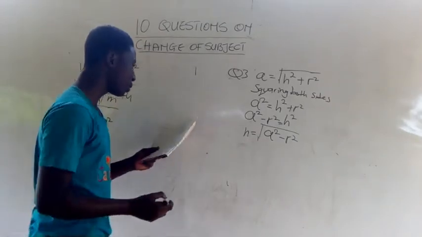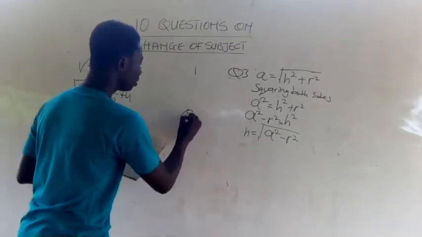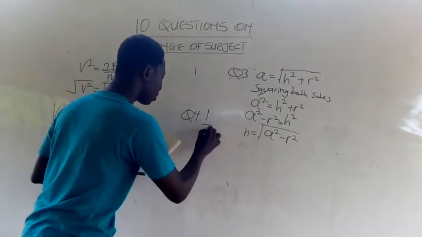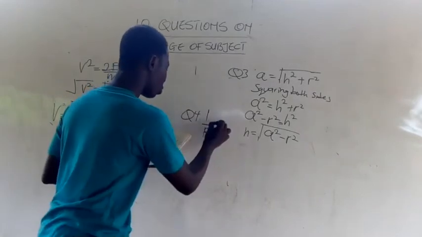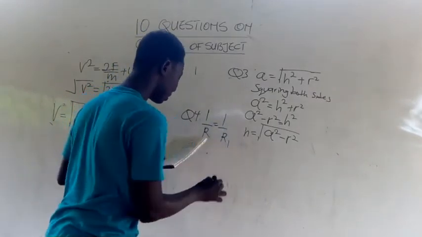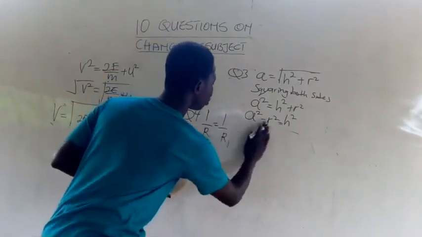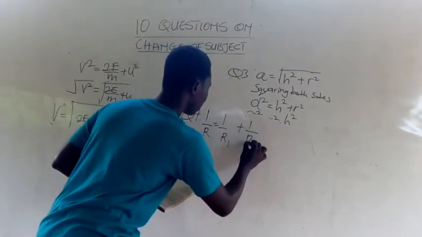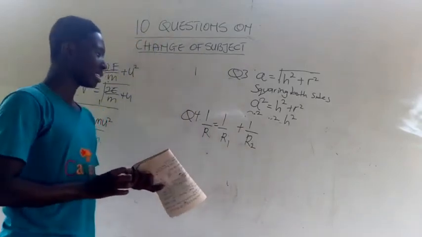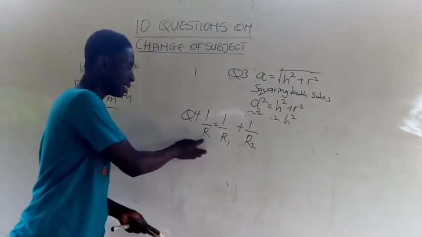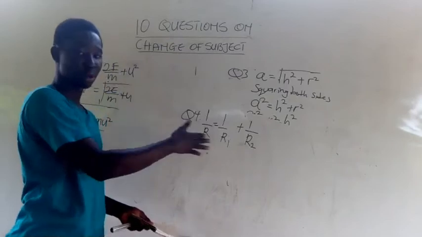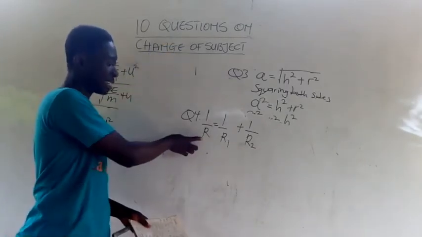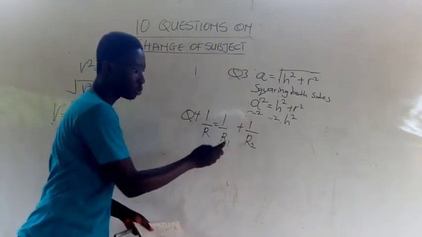Question number 4. 1 over r is equal to 1 over r1 plus 1 over r2. So this is just like the first one. The questions are all fractions, so we have to multiply through by the LCM so that the fractions will go off. And then the LCM is r1 r2.